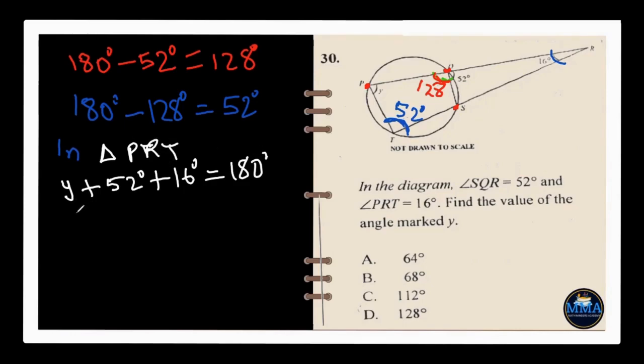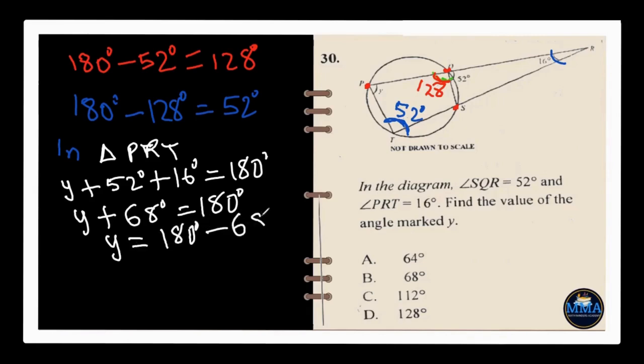And so I have y plus 52 degrees plus 16 degrees is going to give us 68 degrees. That is 180 degrees. So collect like terms, y is going to be 180 degrees minus 68 degrees, and that is 112.